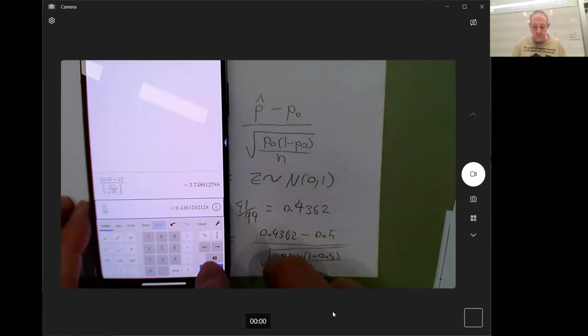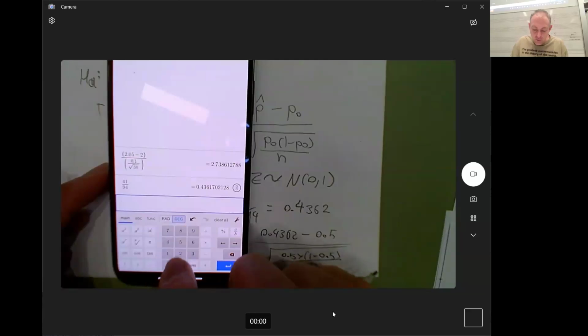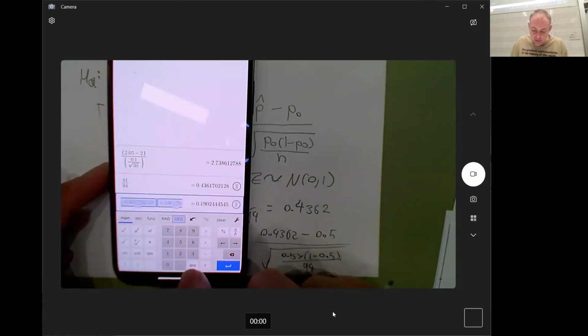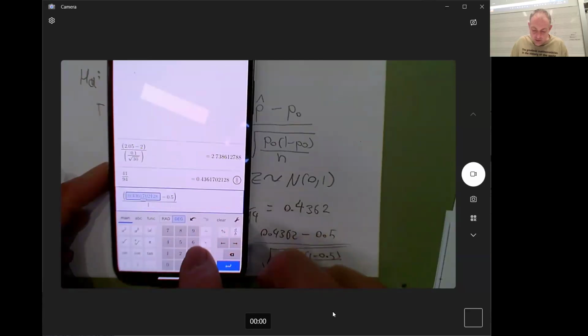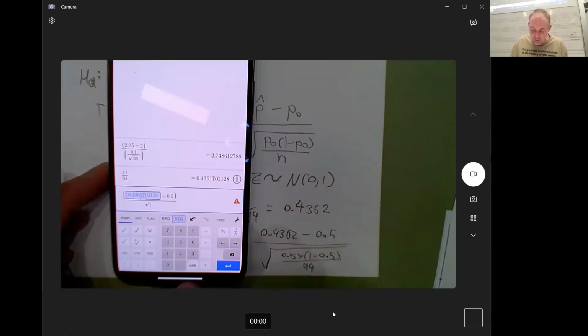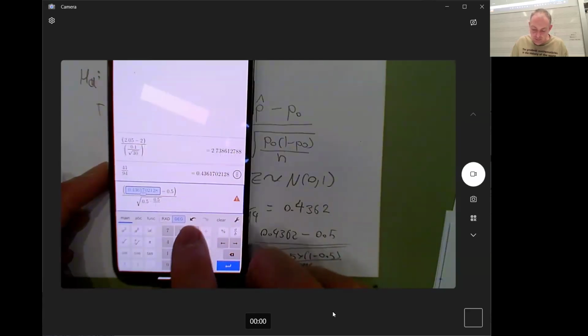Let's see. I'll subtract 0.5 and then divide it by a big square root: 0.5, 1 minus 0.5 is 0.5 again, and then 94.